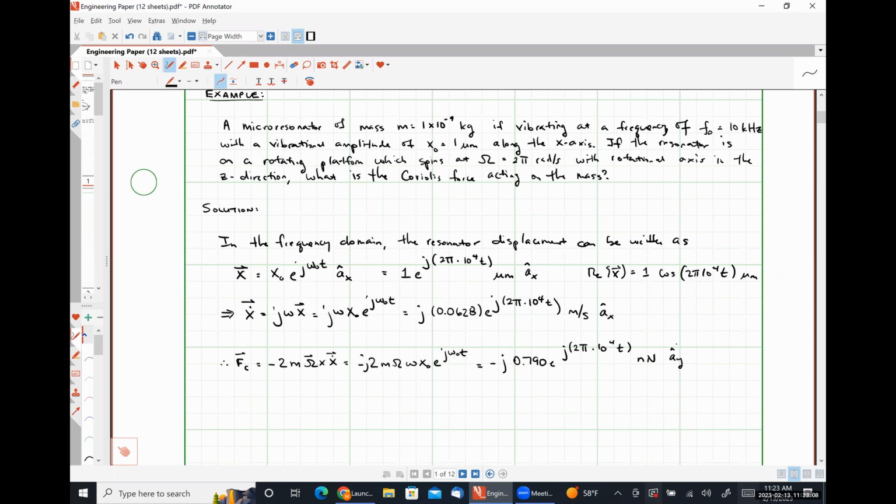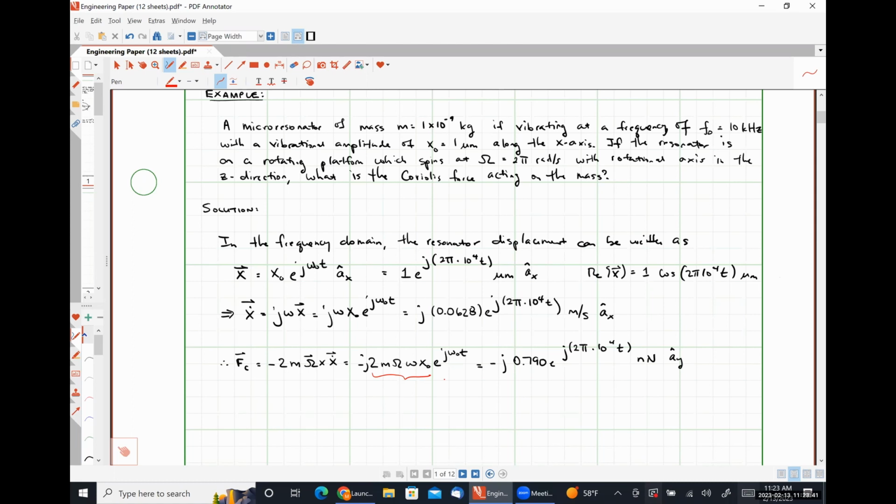Another thing that we need to point out here is the magnitude of the Coriolis force, and we can see it by looking at this portion right here. So that's the magnitude of our Coriolis force. Not only is it proportional to our speed of angular rotation, capital omega, that our system is undergoing, but it is also proportional to the displacement that we are experiencing, x naught, right?